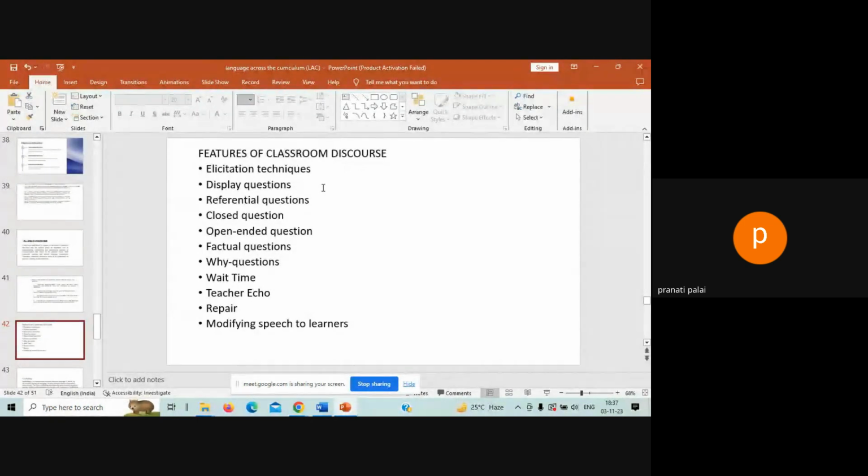That is your referential question. So it seeks a real answer from the learners and it demands explanation and thinking ability, and it also creates a situation where the teacher elicits response from the students.